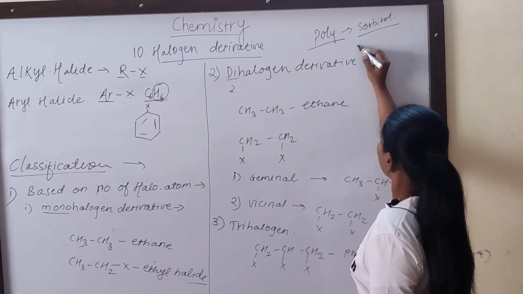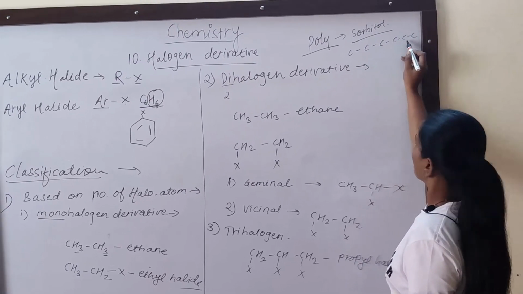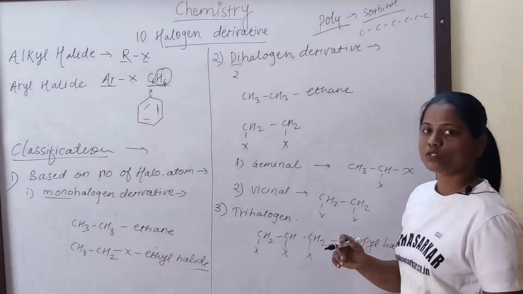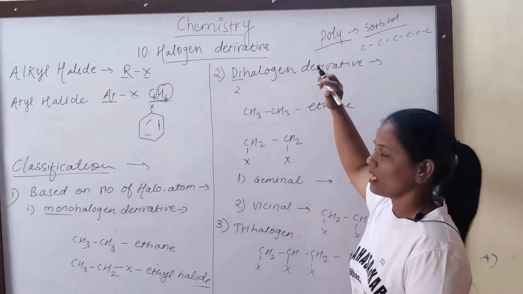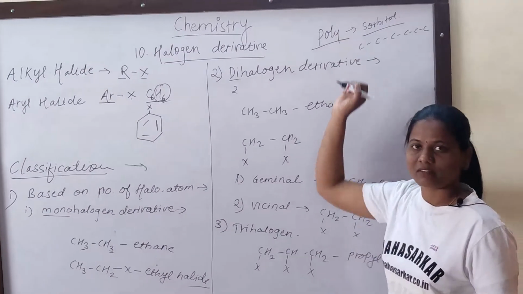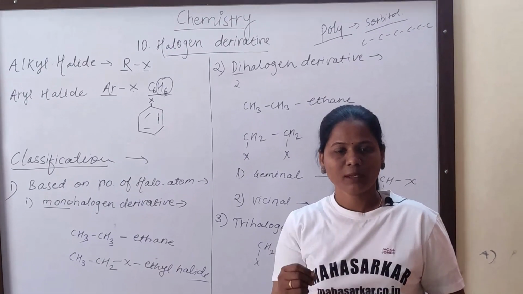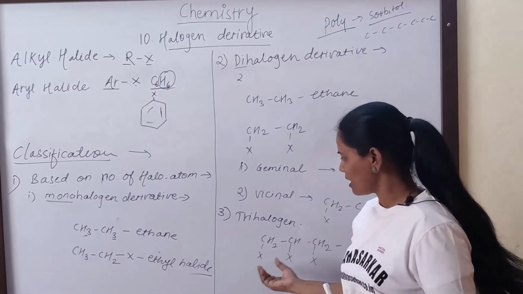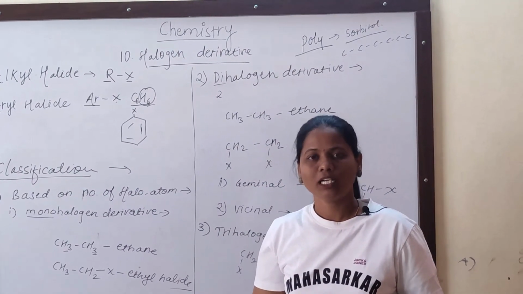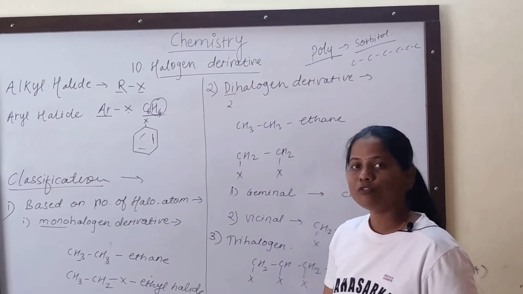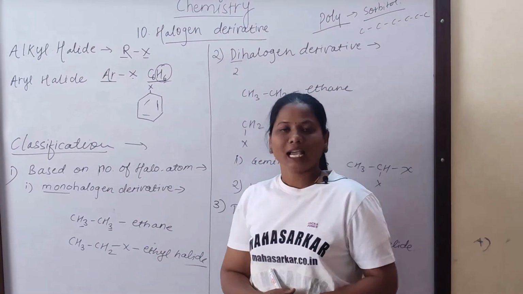Now in this sorbitol, in the 6 carbon atom chain 1, 2, 3, 4, 5, all 6 carbon atoms lose one hydrogen atom and attach one chlorine atom, that is known as the sorbitol, which is classified into polyhalogen derivative. Polyhalogen derivative means what? Where more than 3 hydrogen atoms are replaced by halogen. That is known as the polyhalogen derivative. Now we will move forward to see the second type, which is based on the type of carbon atom.